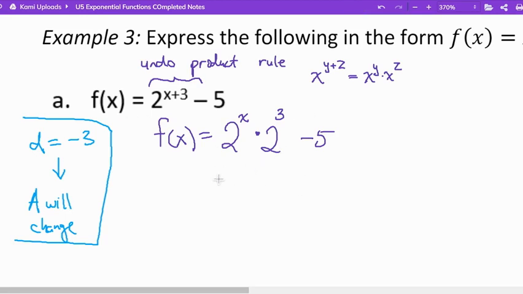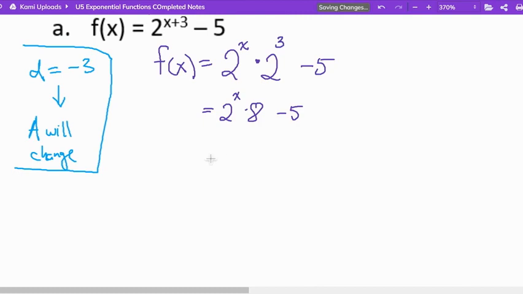So 2 to the power of 3 is just 8. So I have 2 to the power of x times 8 minus 5. And then I reorder it so that the 8 starts. And notice, folks, I put a dot to show that the 8 is multiplying the 2 to the x, just so it doesn't start looking like an 82.